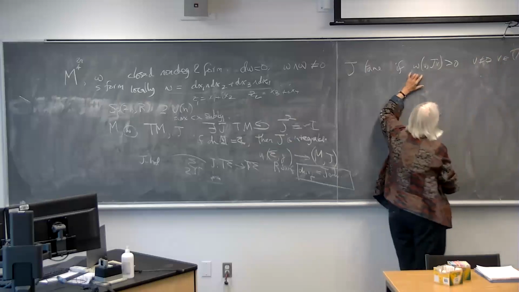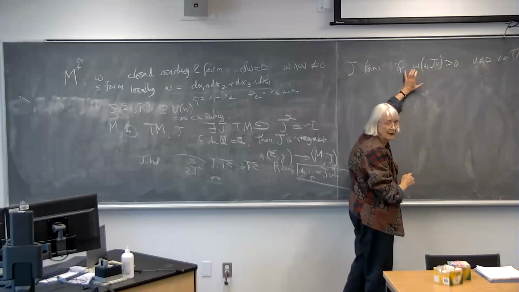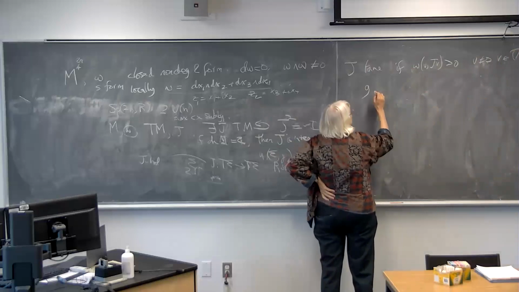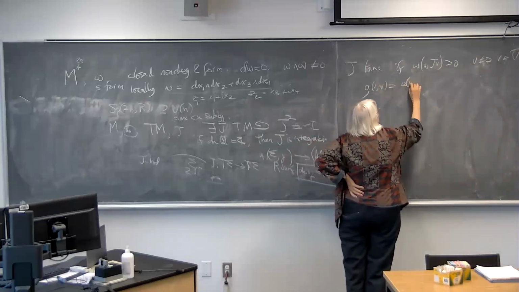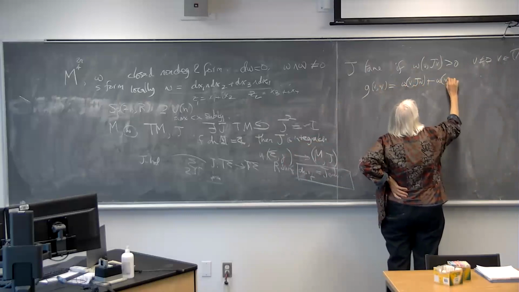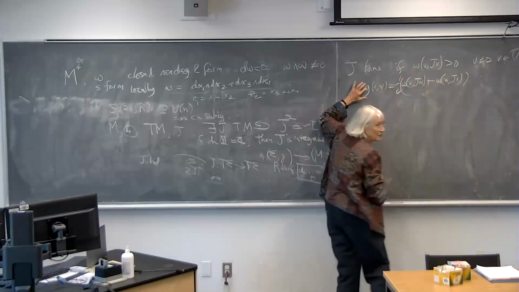That's a taming condition, a positivity condition. And so if you have a tame J, then you can define a metric: g of v, w is omega of v, Jw plus omega of w, Jv, half of that. And that's a Riemannian metric.